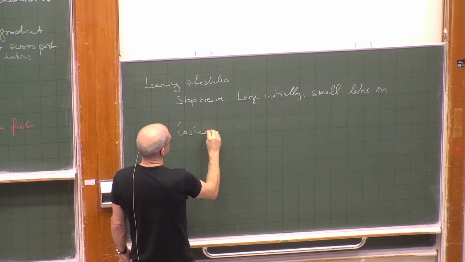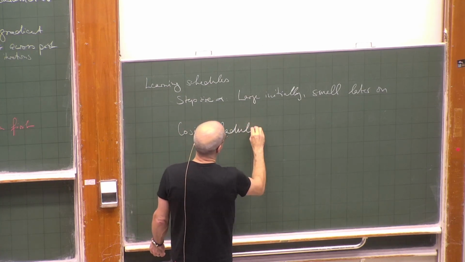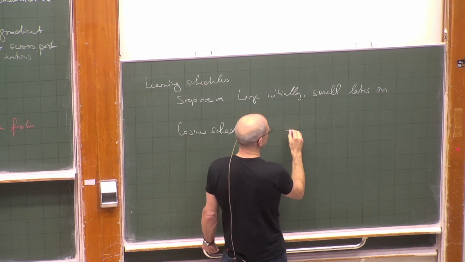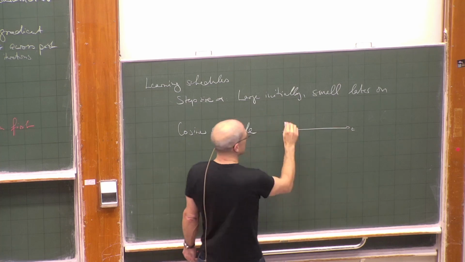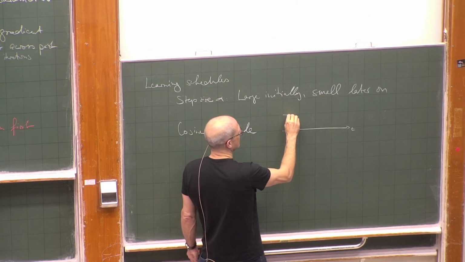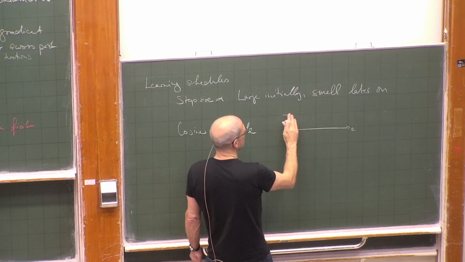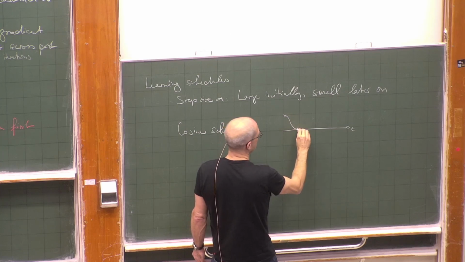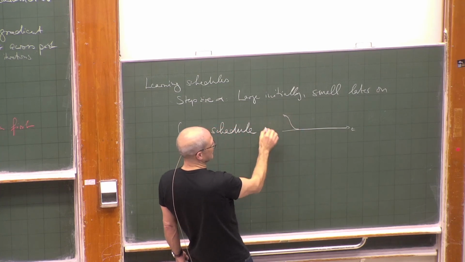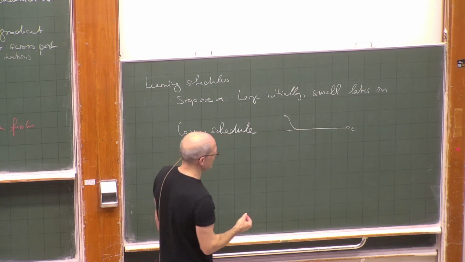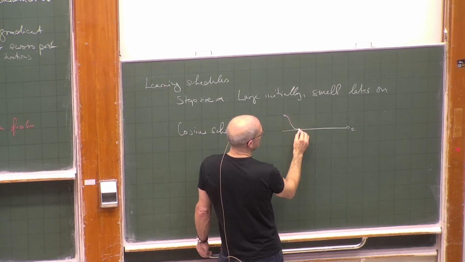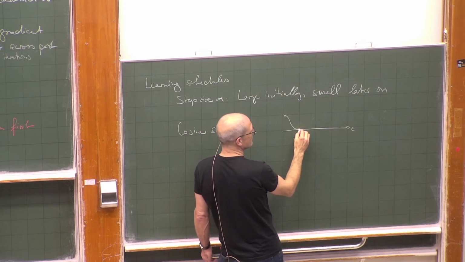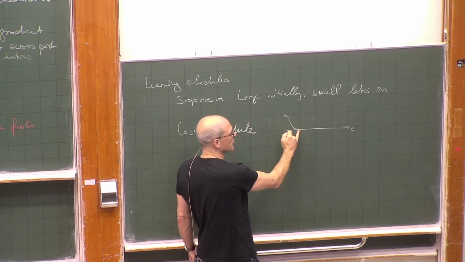And the cosine schedule, as the name suggests, says that across time, you start with a large learning rate, and then I'm now looking at a shifted cosine. So imagine that this is part of a cosine. If I went on, it would be a sinusoid. And at this moment, here the learning rate has become really small. So we have converged to some local minimum.